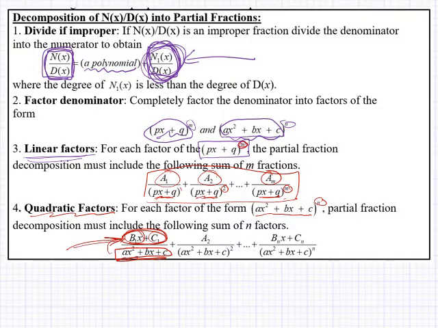So it's a little bit bigger now because the denominator is bigger. So we write it as capital Bx plus C, in which case B and C are constants that we would need to find. This one should have another B. It should say B2x plus C2. There's a little typo there.